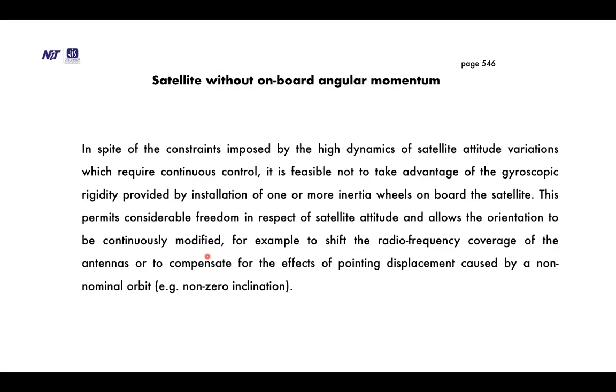This allows operation of the satellite in an inclined orbit while maintaining the appropriate pointing of the antennas by rotating the satellite to compensate the north-south displacement of the coverage.